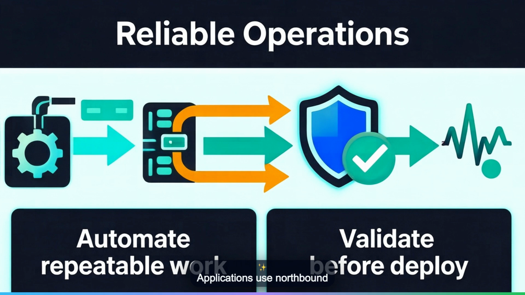Applications use northbound REST APIs, controllers use southbound protocols, and overlays ride over physical underlays to form a fabric. Finally, ML and AI can forecast, explain, and draft, but engineers still decide what is safe to deploy. That is the practical path from CLI firefighting to reliable network operations.